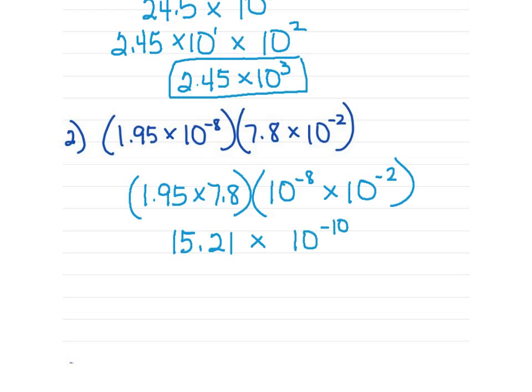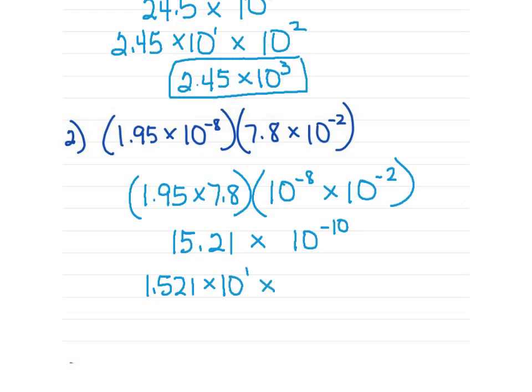power. Now notice that this is not in scientific notation because 15.21 is greater than 10. Remember that A needs to be a number that is greater than or equal to 1 but less than 10. So we need to rewrite this in scientific notation. 15.21 can be written as 1.521 times 10 to the first power.